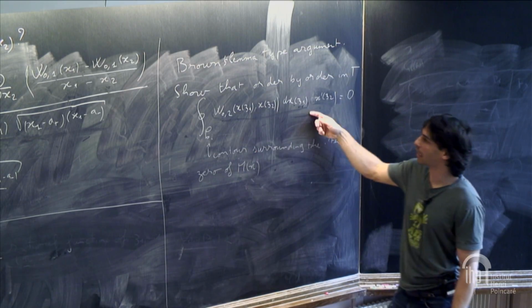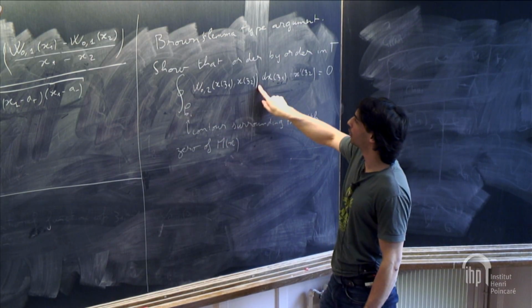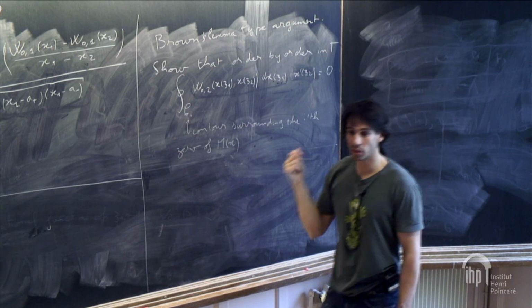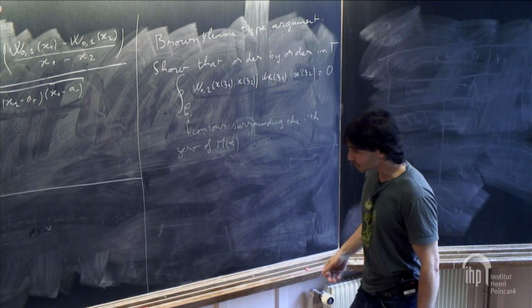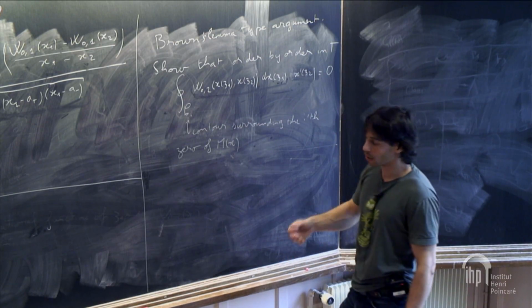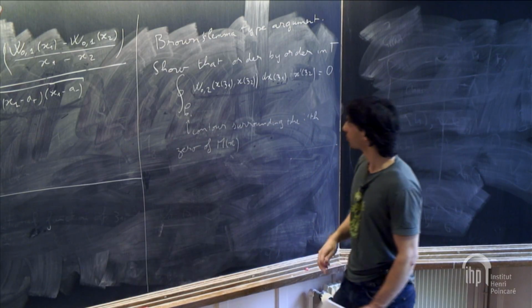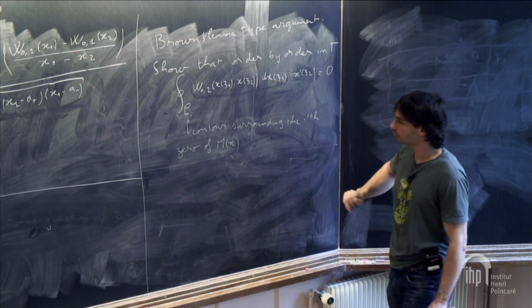And how do you show that? You just remember that W02 of x1, x2 was a formal power series in T, whose coefficients are polynomial in 1 over x1, which starts with 1 over x1 squared. And this gives you this condition.